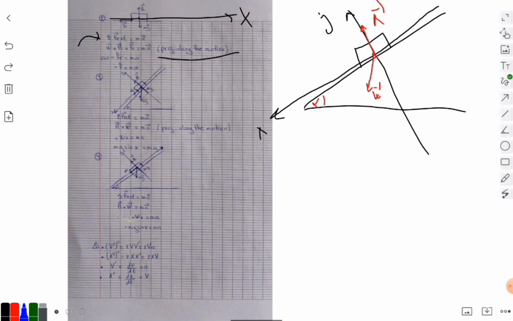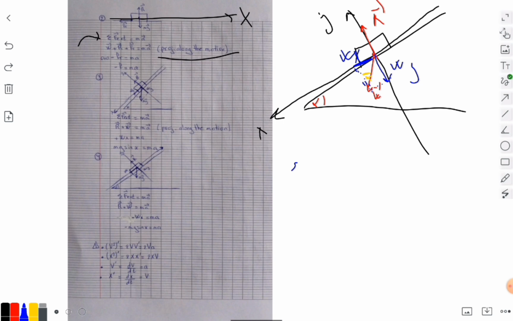We must project the weight on the y-axis and the x-axis. So this is wy, and this is the projection along the x-axis, wx, and finally this is the angle alpha. It's opposite to wx.